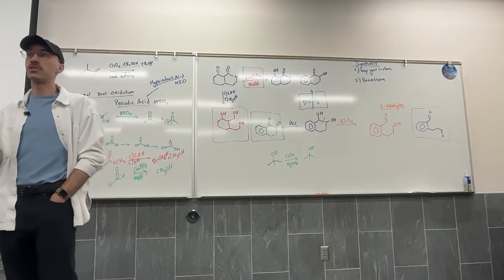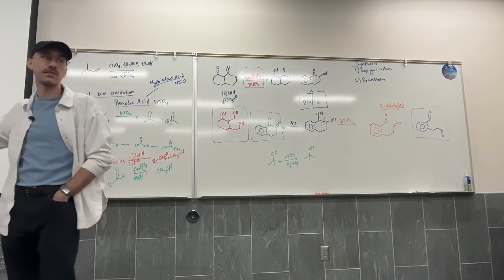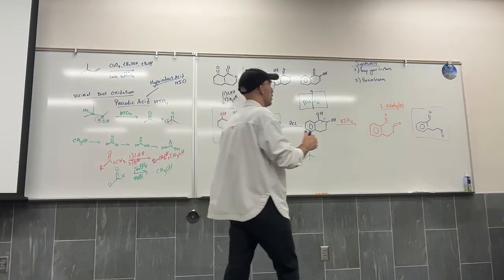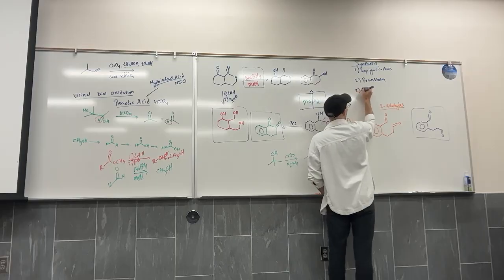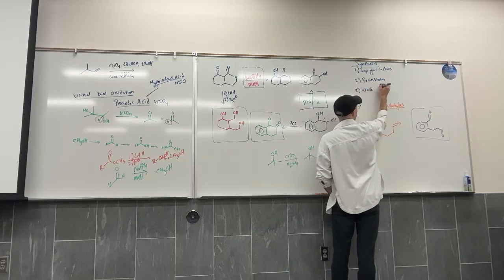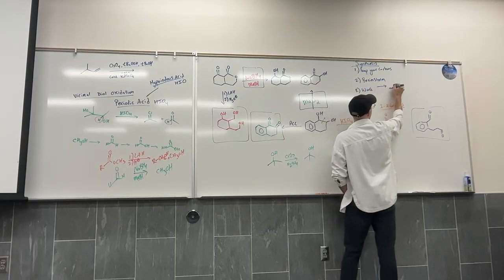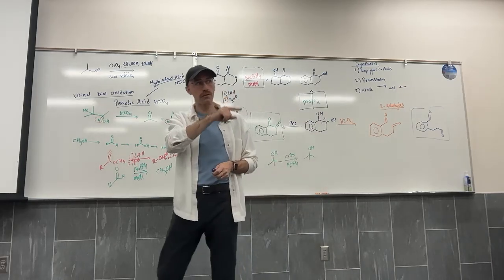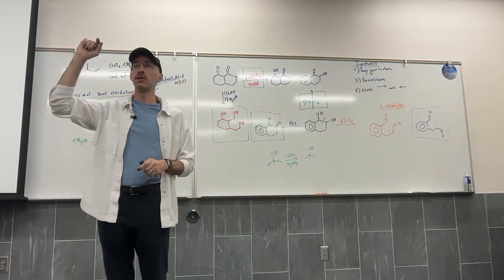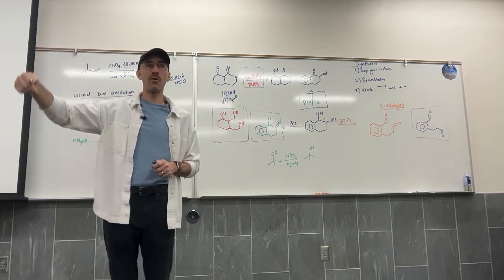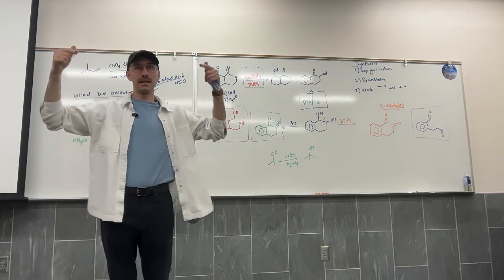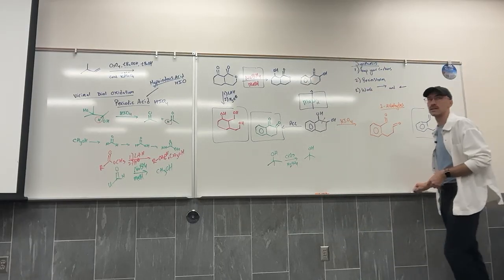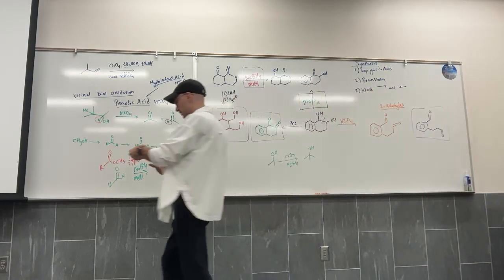Does it look like you need to do vicinal diol oxidation? Does it look like you need to do reduction or oxidation or substitution or elimination? And 3, work forward and backwards. Don't just start with the starting material and think you can figure your way out to the product. Look at the product and figure out what it could have come from and then meet in the middle as often as you can. That's usually the best way to do it. Okay, the rest of the time is yours.